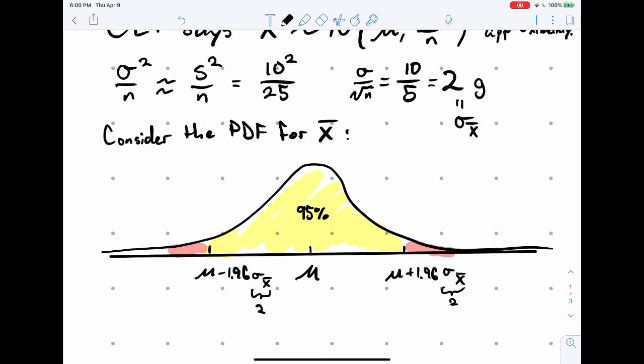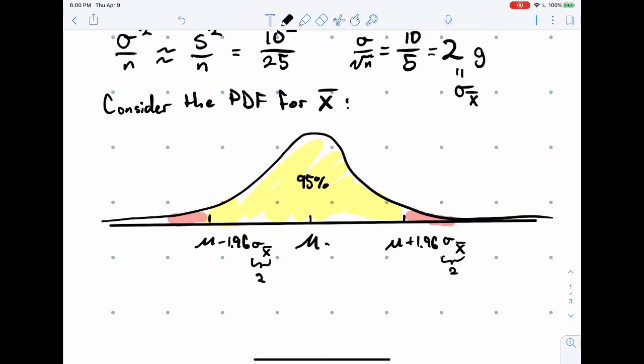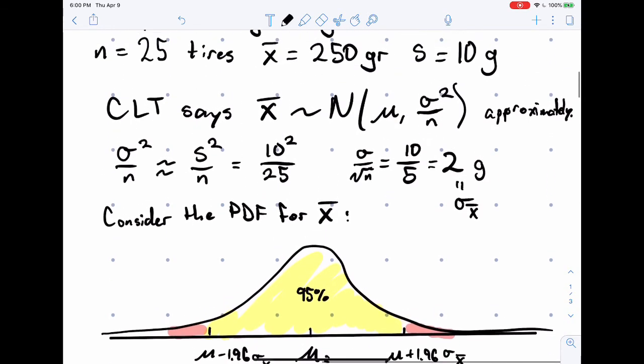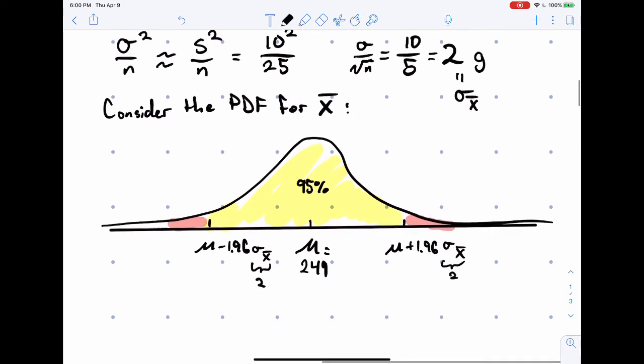Okay. So the true mu might actually be at something like, for example, we observed 250, but the true mu might be, suppose it's equal to 249. So we observe, and then this mu is about plus 4, so this is approximately 249 minus 4, which is 245.